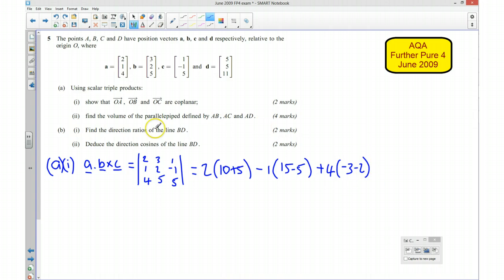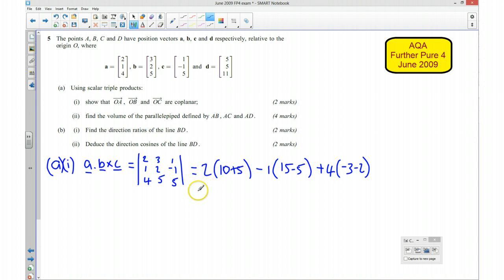It seems like a bit of a hassle to write all this out, and quite often you'll be tempted to take shortcuts. The biggest error that people make in FP4 are sign errors. I think that is the thing that you're going to fall down on. So it's worth investing that extra bit of time just to write it out.